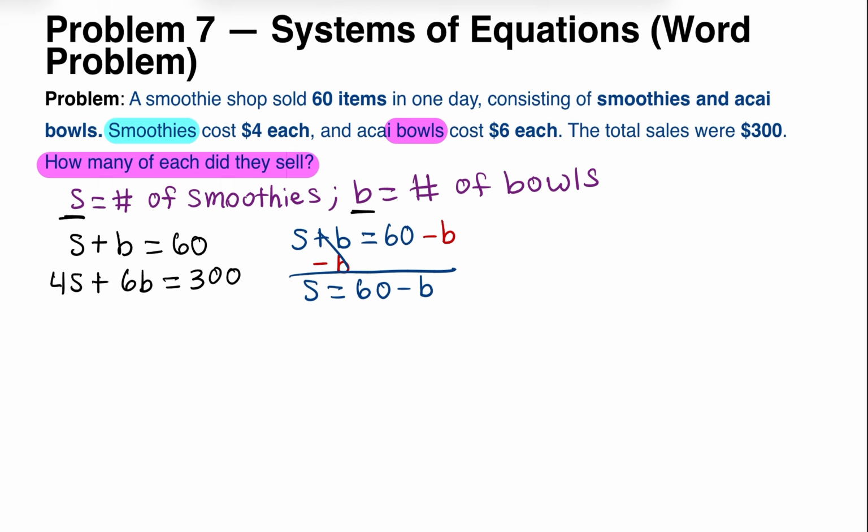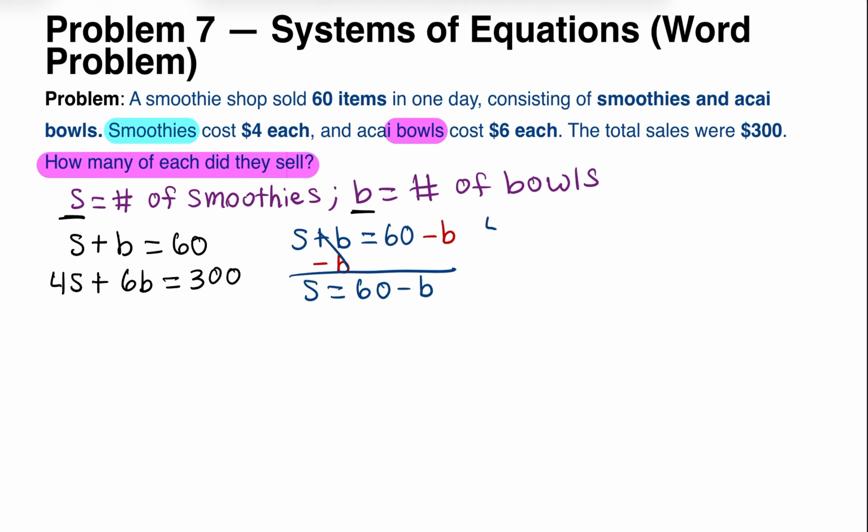Now, what do we do here? Well, we're going to plug that into the second equation. You can see we have 4 times S, and we found that S is 60 minus B. So let's rewrite the second equation over here at the top right.